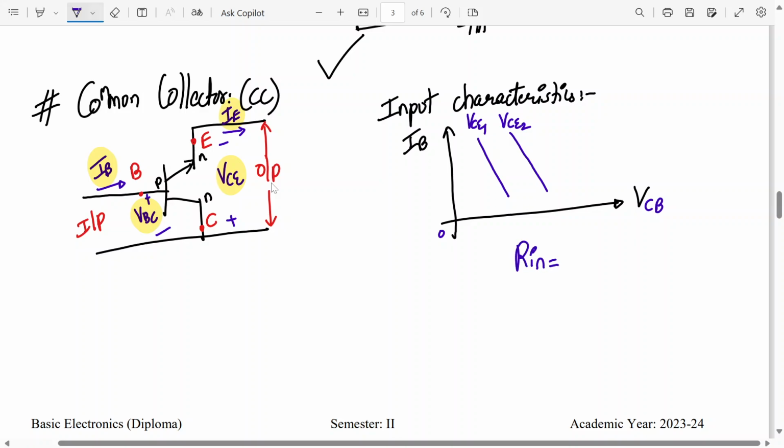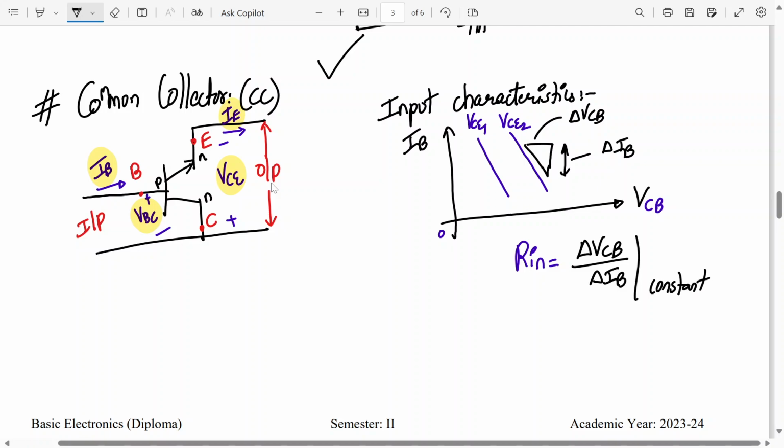What is Rin? This slope, this slope. Okay, so this value is how much? Delta IB. What is this value? Delta VCB. So it's delta VCB versus delta IB at a constant output voltage, which is VC. So it gives me information about Rin. Rin is very very high.